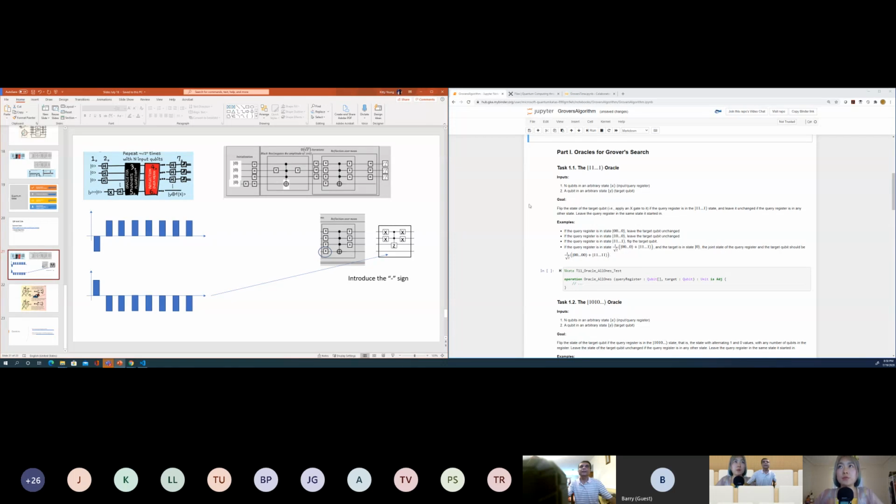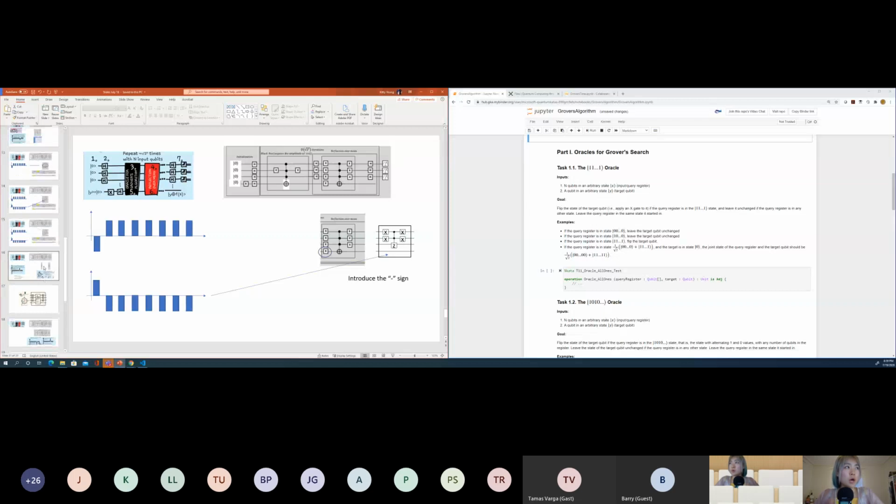And then we have an arbitrary state y, which is our very bottom one. It says, flip the state of the target qubit, apply an X gate to it, if the query register is in the all ones state. So this is basically saying that we want to label our all ones state as the one we are looking for.